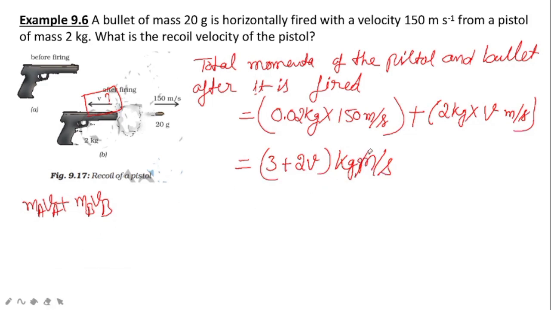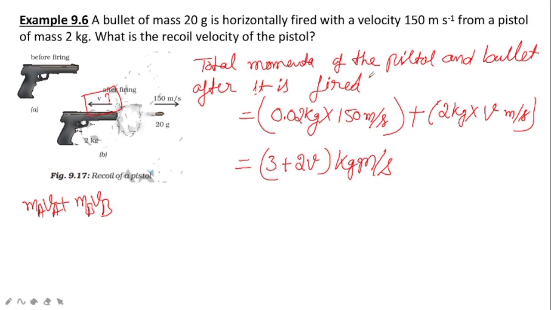So we will get this one. How? See here, 150 into 0.02, we will get 3, plus 2 into V, that is 2V, and kg meter per second is common.